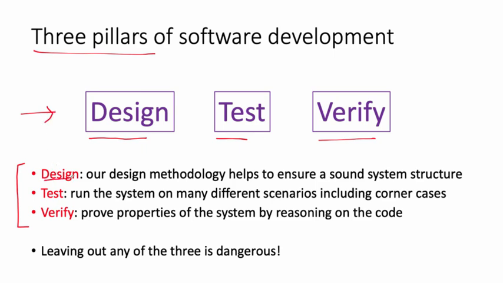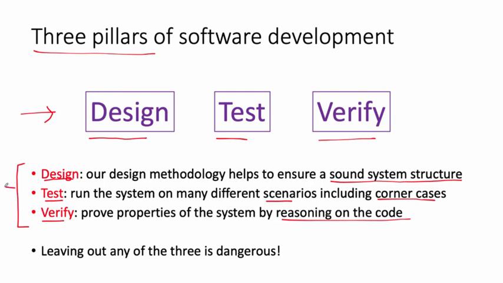So design: you have to make a sound system structure, so you need a clear methodology for design. Test: you have to run it on many scenarios, including stressing corner cases. And verify: you reason on the code or on the state diagram, to prove that properties hold.